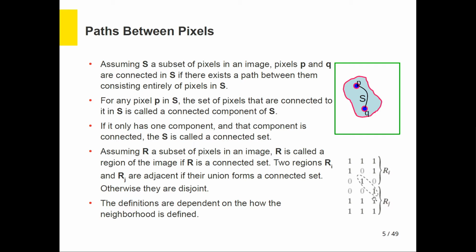So these two, if we are using the 8 adjacent neighborhood, we can say the union forms a single connected set, because these two pixels that are next to each other are only connected if we are using an 8 connected neighborhood. If we want to use the 4 connected neighborhood, then these two regions are disjoint.